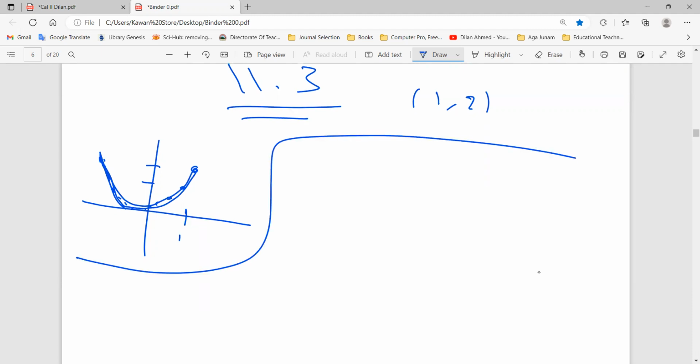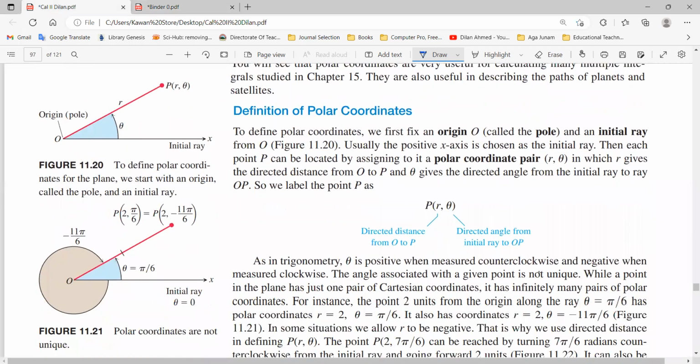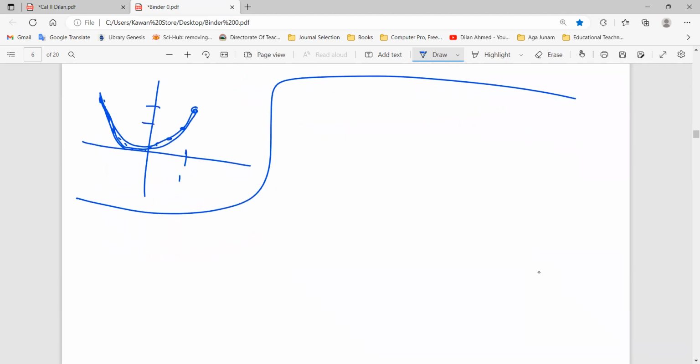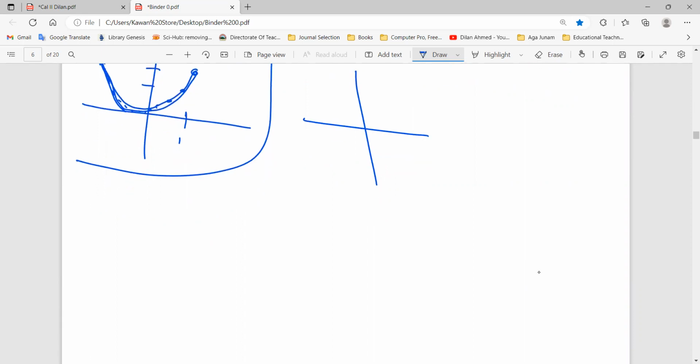Okay. Here we have polar (r, theta). r is the distance or radius, and theta is the angle. In polar, we don't have XY axes. We have the origin and a ray, just one line labeled with 0.